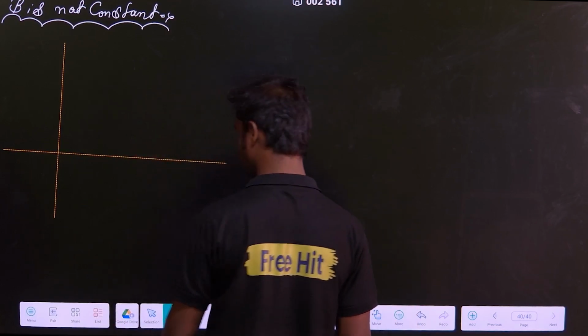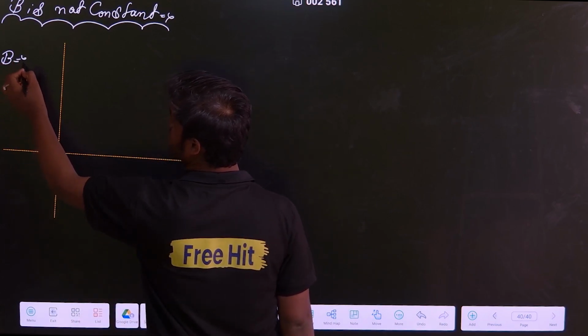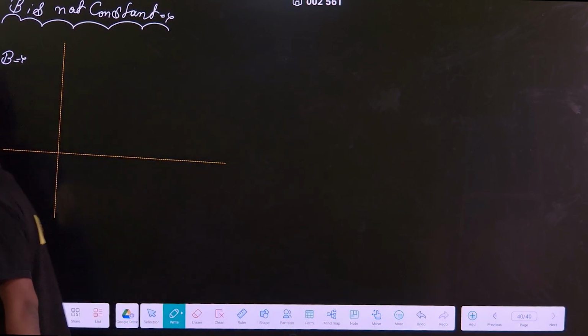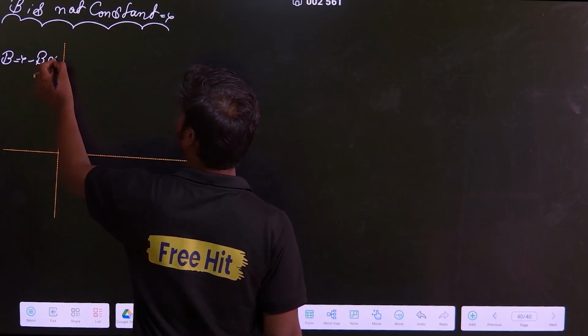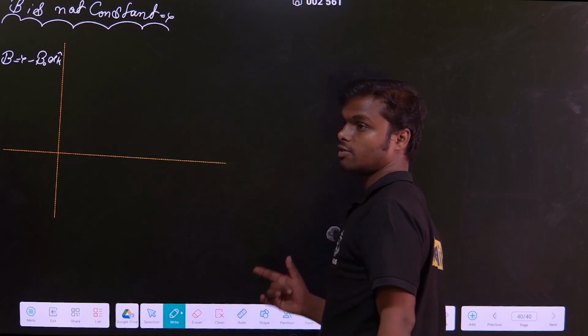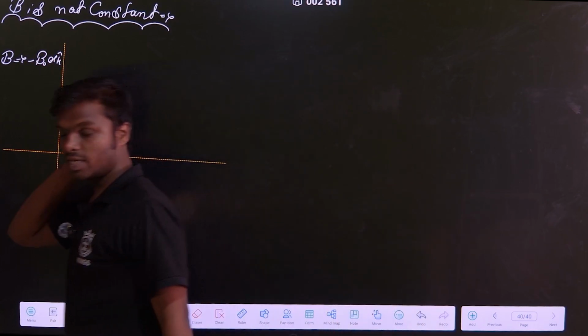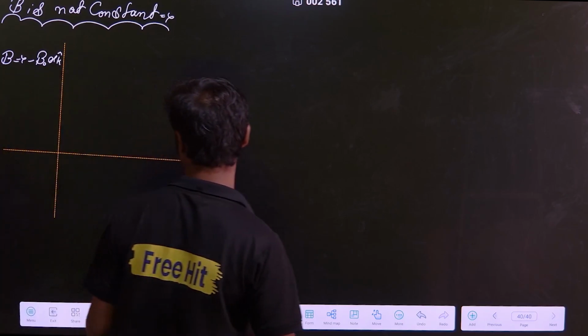Suppose my magnetic field is defined as a function of something: the function of minus b naught into x into k cap. Means it is a function of x. As my x is changing, my magnetic field is also changing.